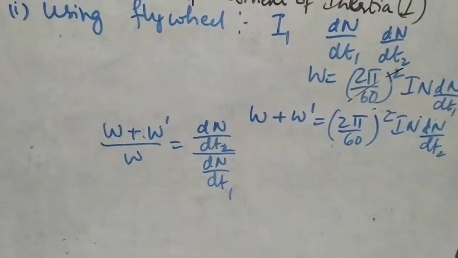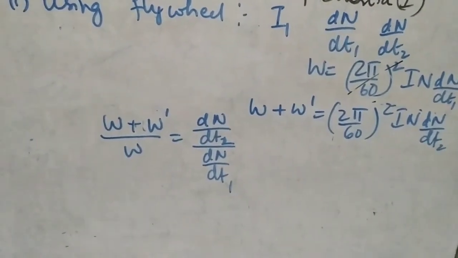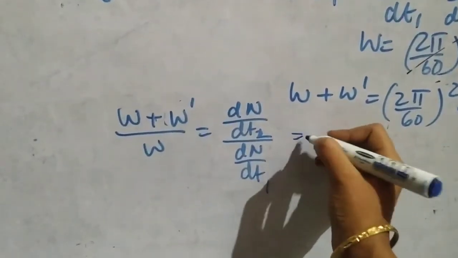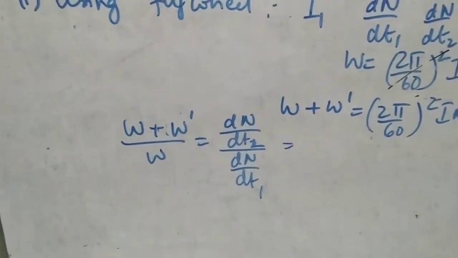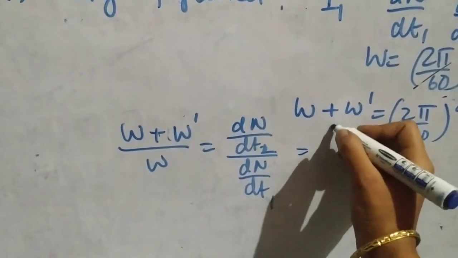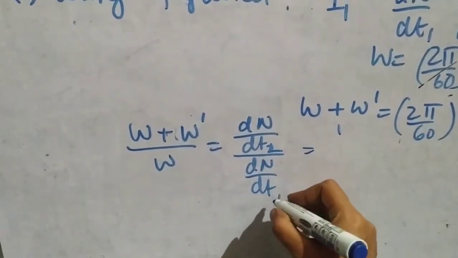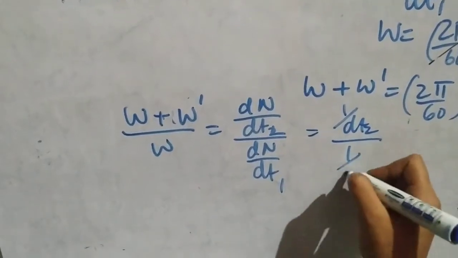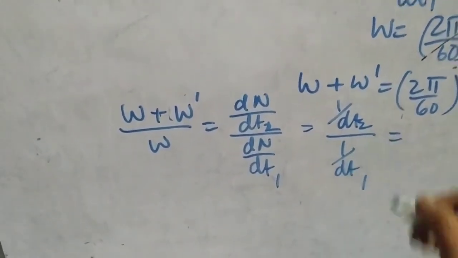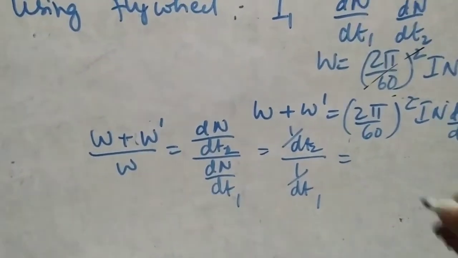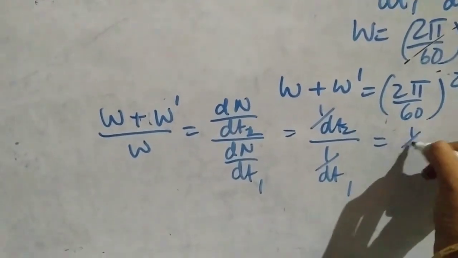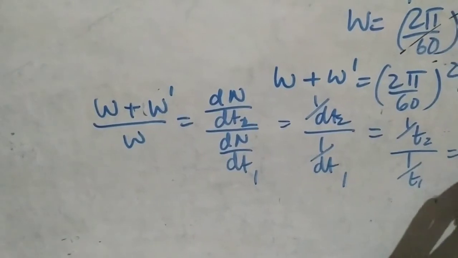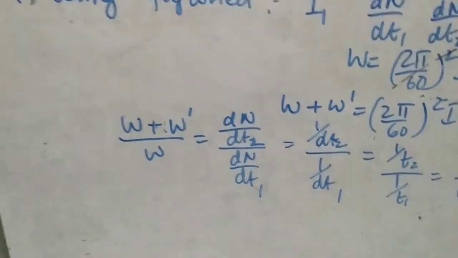Here also dN cancels, so it is 1 divided by dt2 over 1 divided by dt1. When you integrate on both sides, it becomes 1 divided by t2 over 1 divided by t1, which is again t1 divided by t2.